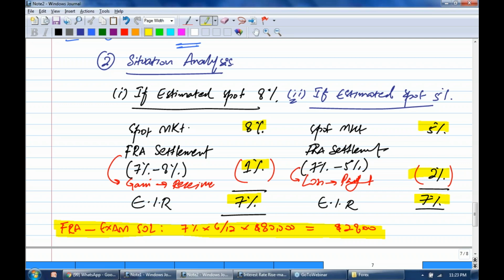The whole of the interest rate risk management working we will work out according to interest. But going forward, this working you may ignore, and you only have to do this one. I mentioned that exam solution.